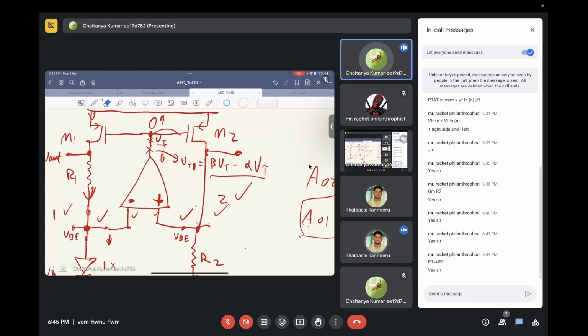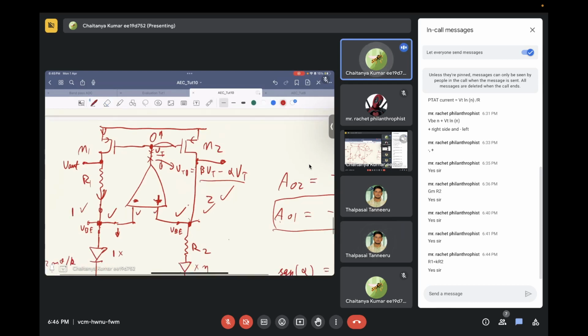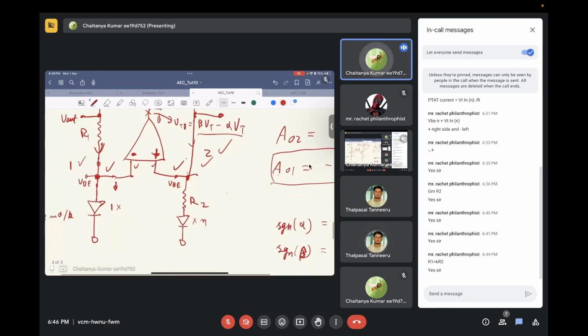And due to the current mirror, since VGS of transistors M1 and M2 is the same, the current flowing in both the branches is the same. So if the current flowing through the 1x diode makes the voltage VBE, what will the current flowing through this Nx diode make the voltage at this node? VBE by N, right?